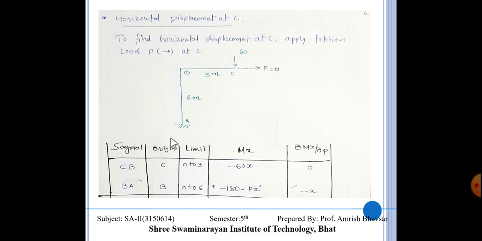C to B and B to A. Origin C, origin B. Limit 0 to 3, 0 to 6.